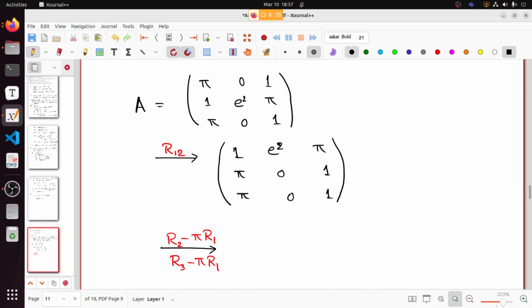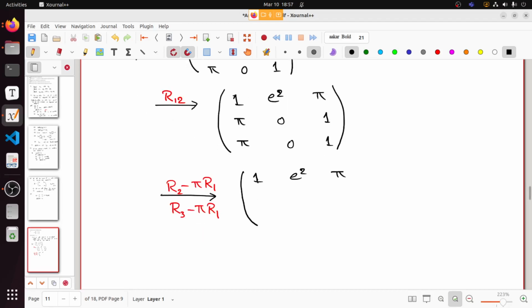Then the first row remains as it is, 1, square, pi. Second row: pi minus pi is 0, then minus pi times square, so minus pi square, and 1 minus pi square. The third row is again 0, since these two are the same, then minus pi square, and 1 minus pi square.